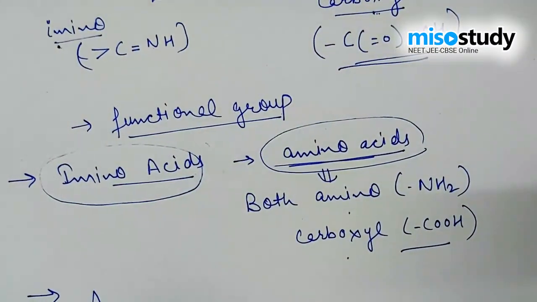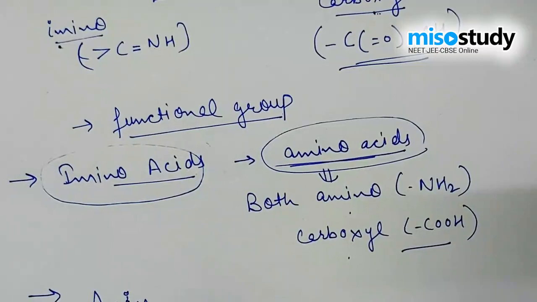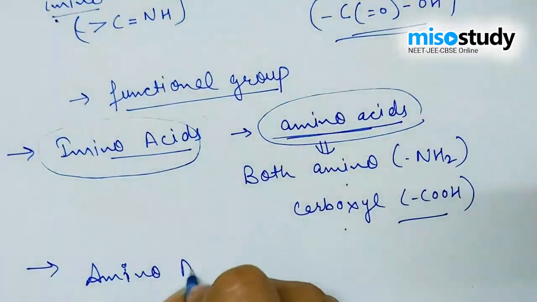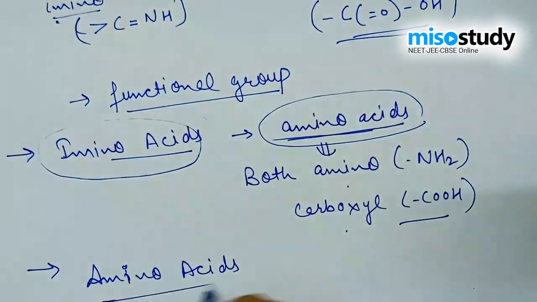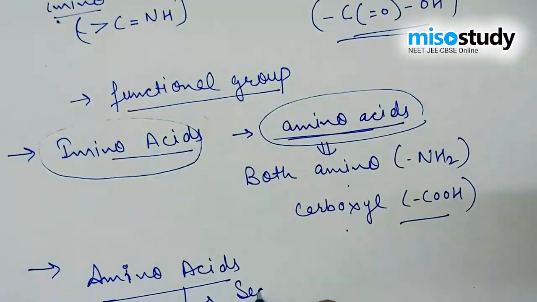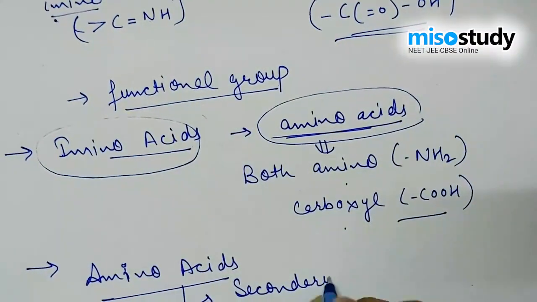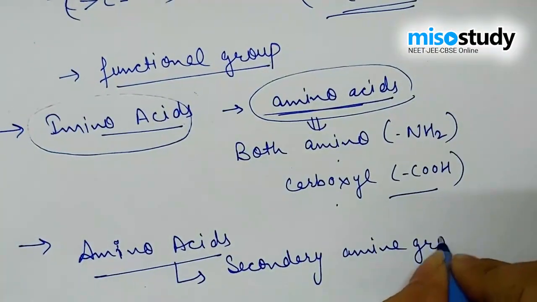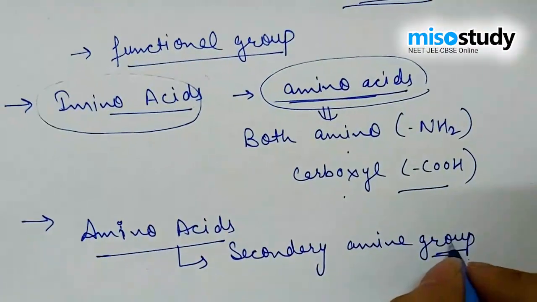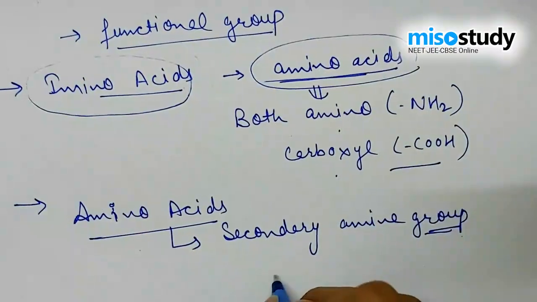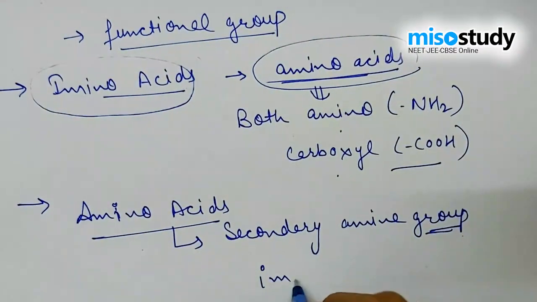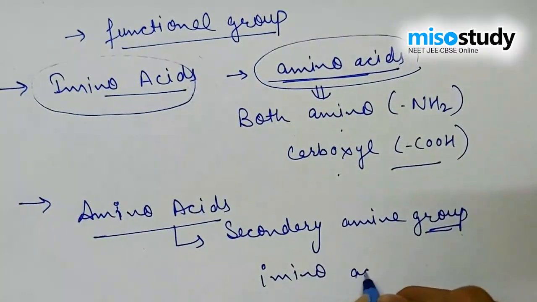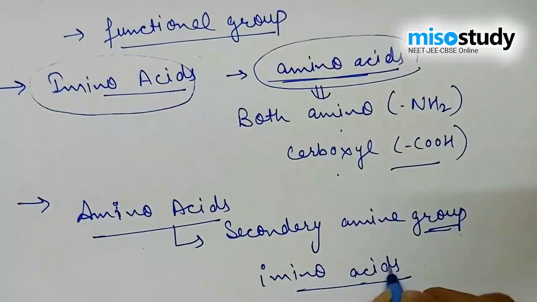Amino acids containing a secondary amine group are also known as imino acids.